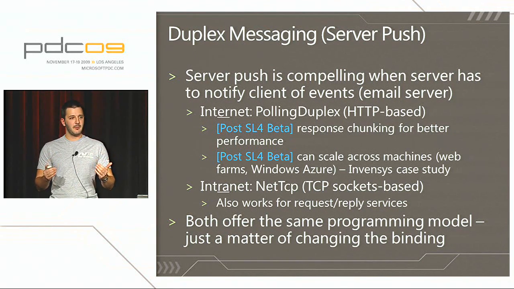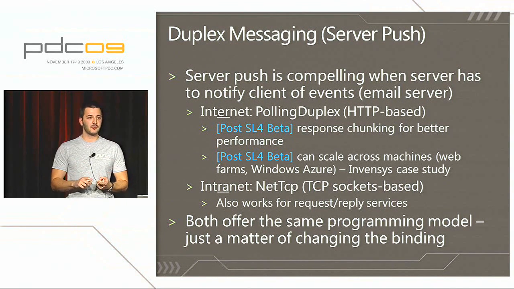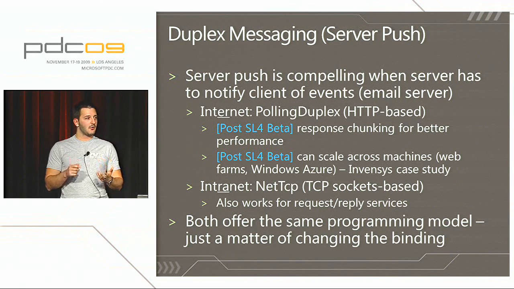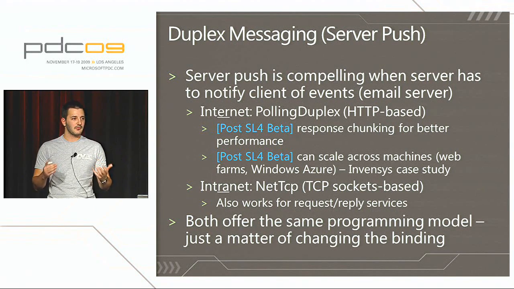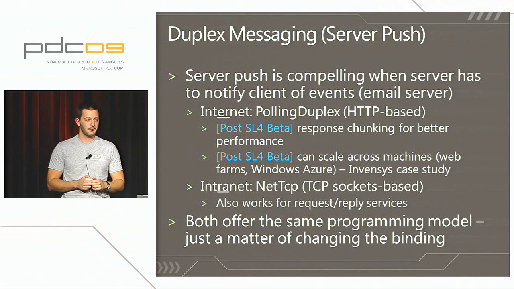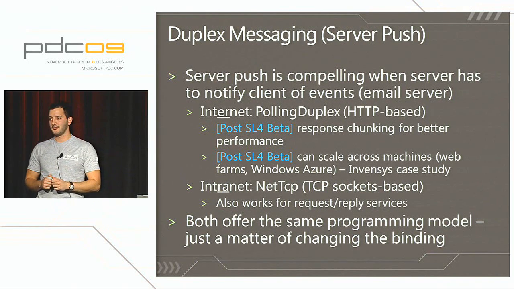However, this HTTP-based approach has some limitations, and we're aware of that. It has limitations when it comes to performance on the same machine. So there's basically a natural limit beyond which it's hard to scale this HTTP duplex solution. We're thinking of addressing these problems in Silverlight 4.